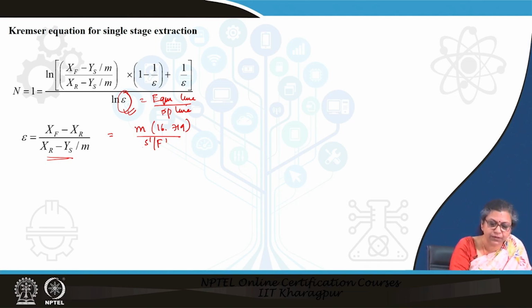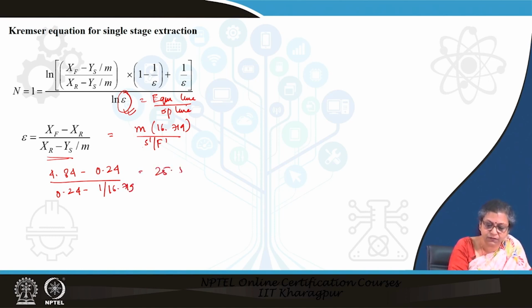So, from here if we substitute all the values, XF is equal to 4.84, the final XR was 0.24, and this becomes 0.24 minus 1 by 16.719, from where we get the extraction factor as 25.56.